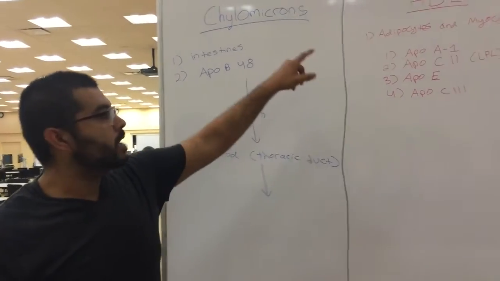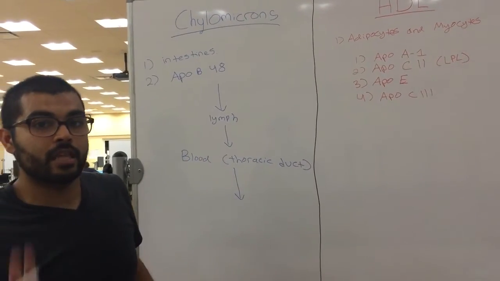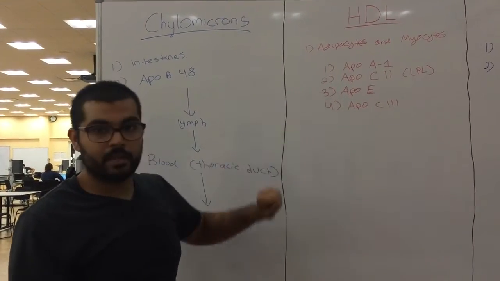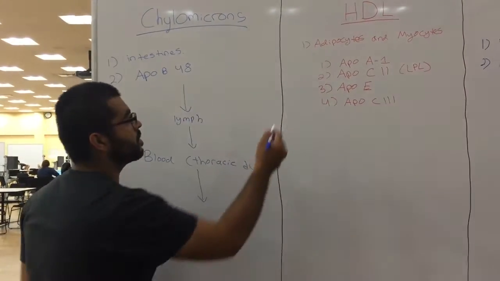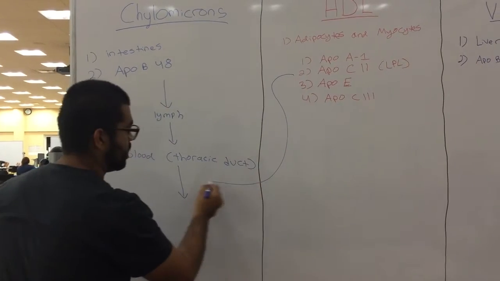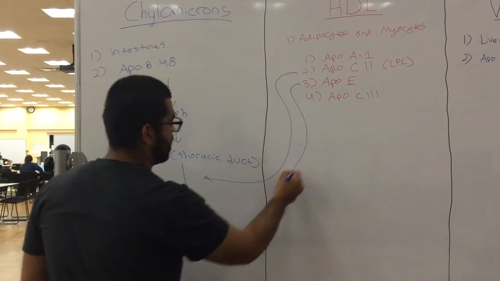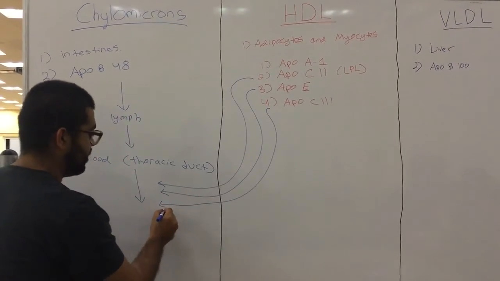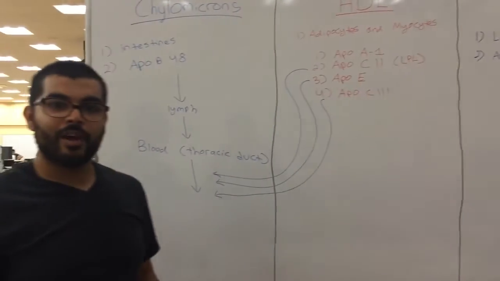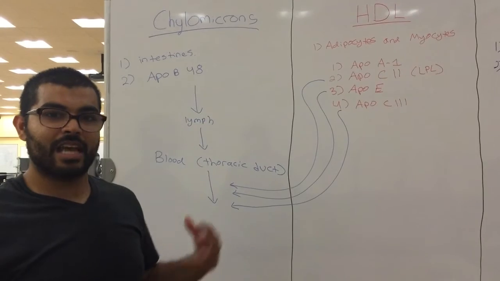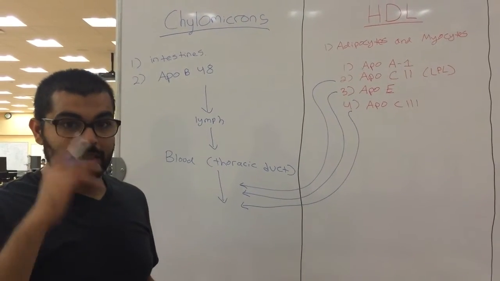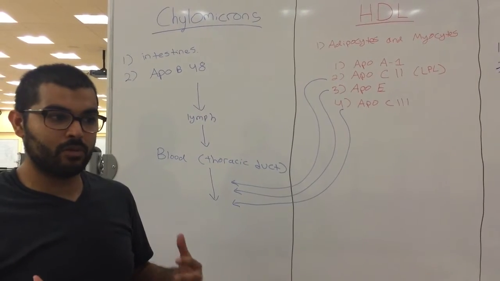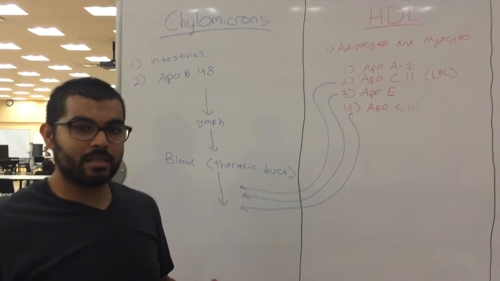On its way, chylomicrons interact with HDL, and they receive three things from them. They will receive your ApoC2, ApoE, and ApoC3. And now your chylomicron will be all jacked up, right? It's going to have all of these things, and in this analogy, your chylomicron basically is on steroids now.